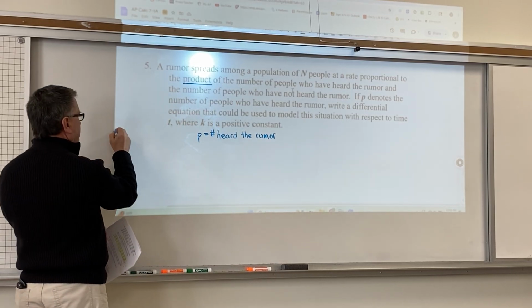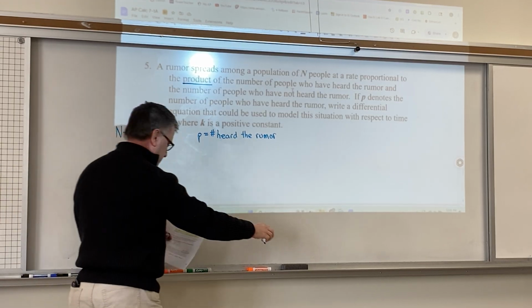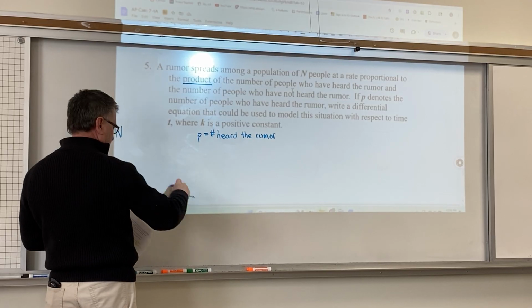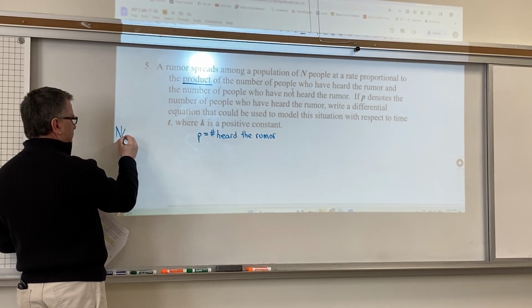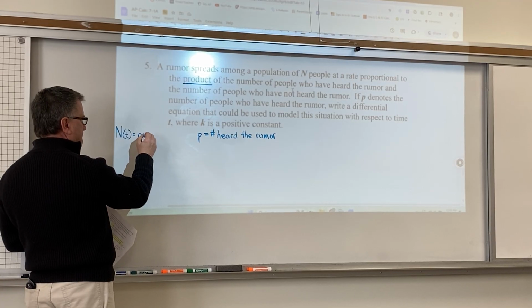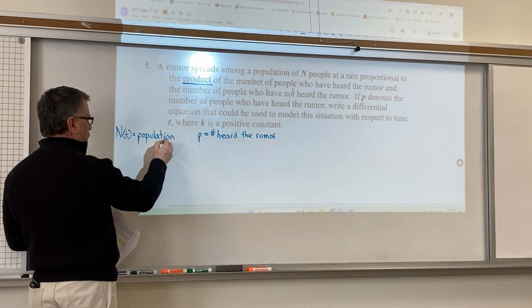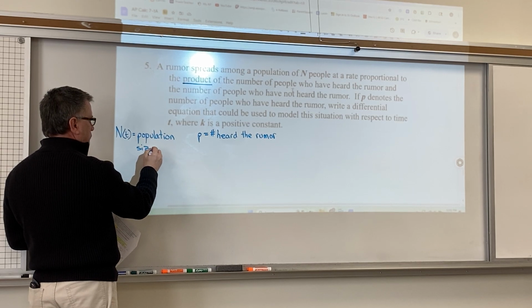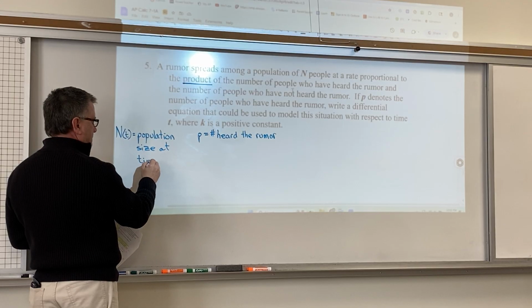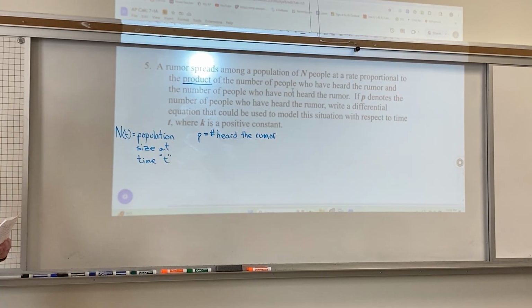Probably should have started off with N equals population size. If we want to keep it, we can say N of T. Probably should put that above there.